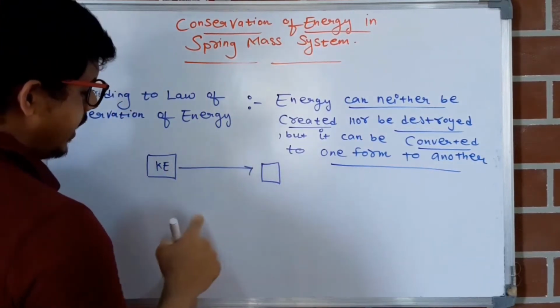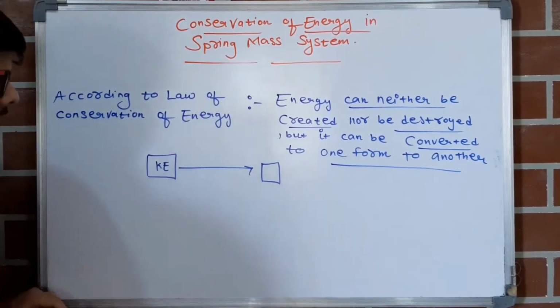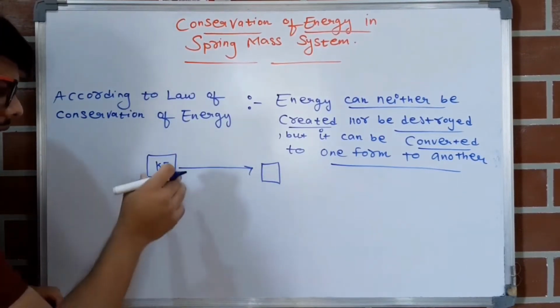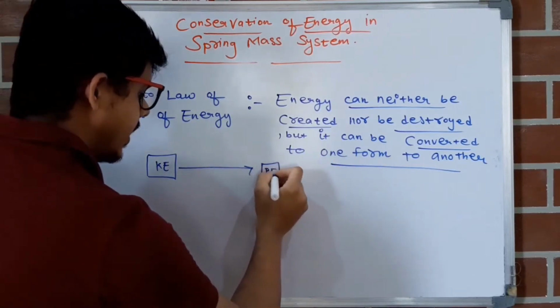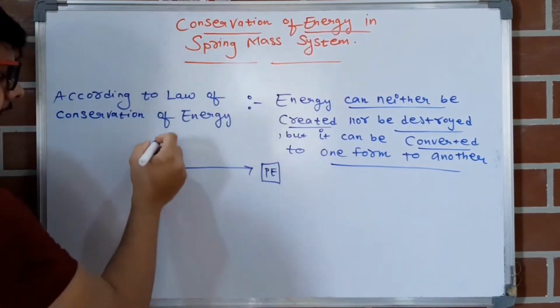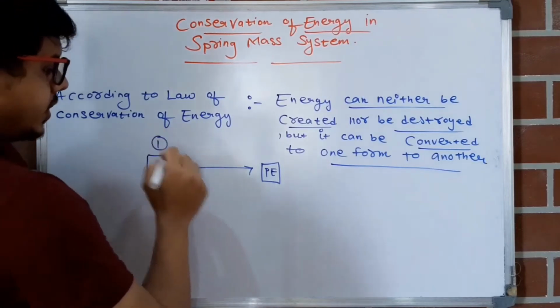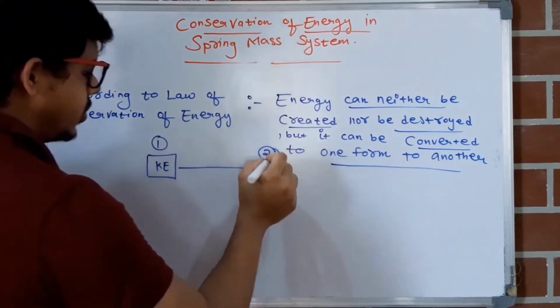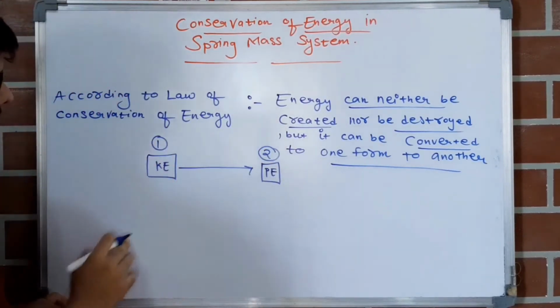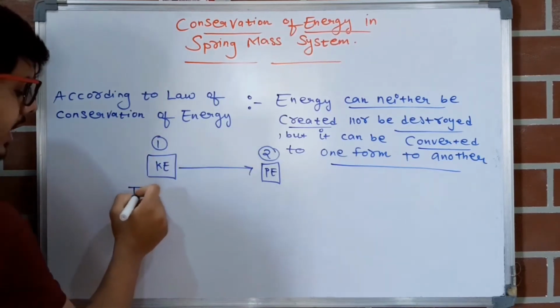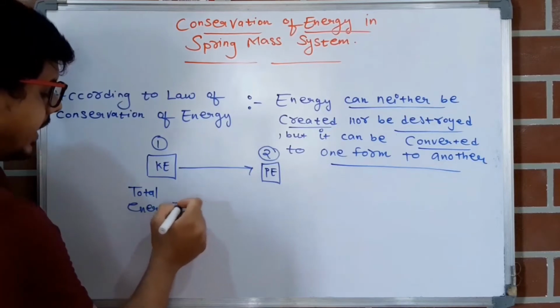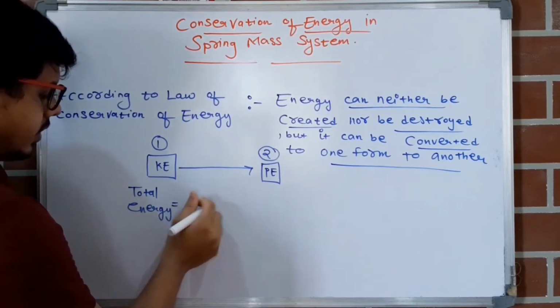The body has undergone some motion due to some forces, and the kinetic energy of this body is converted into the potential energy of this body. At position 1, and let's say this is position 2, at position 1 this body has only kinetic energy, so the total energy is kinetic energy at this position.